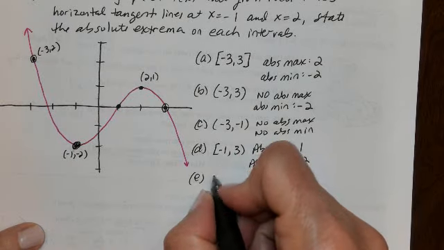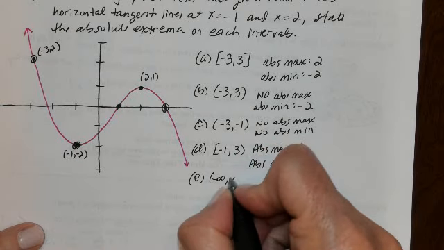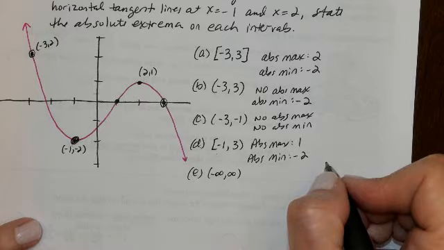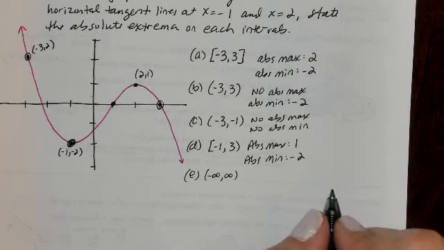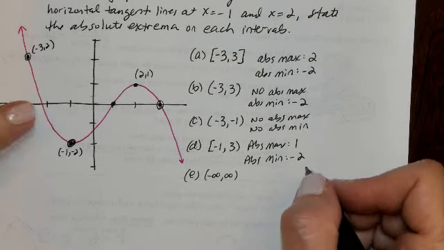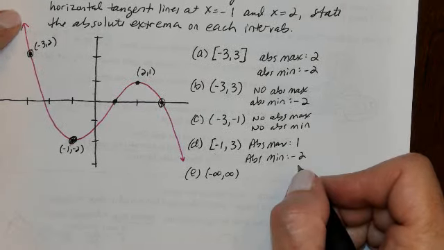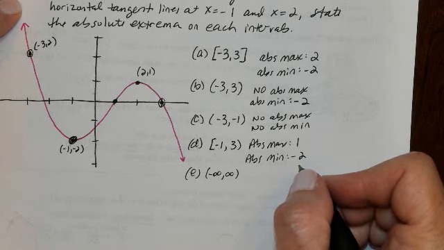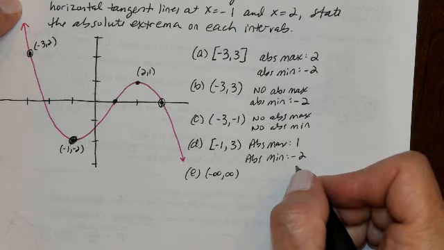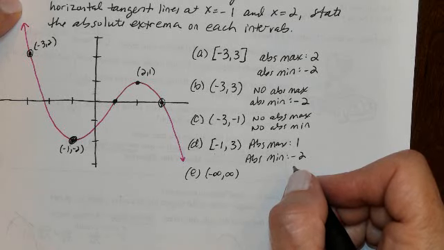Okay, what about from -infinity to infinity? Boundless. Does it have a max? Give me the number that it's the maximum. Well, there is none, because any number that you give me, I can give you something higher.